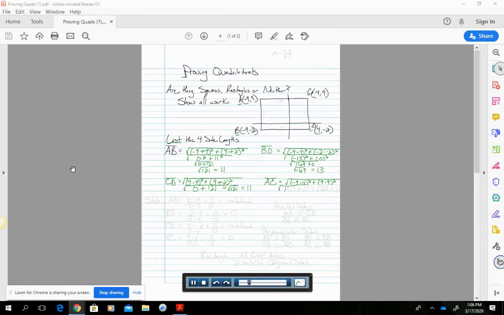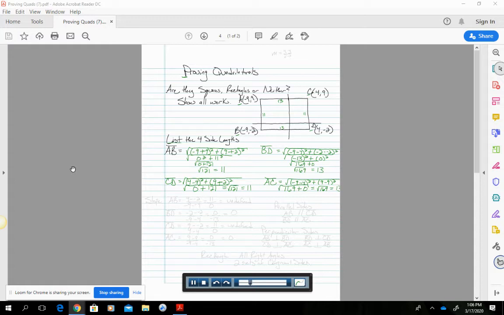Negative 13 squared is a positive 169. From there, 9 minus 9 is 0. 0 squared is 0. Then from there, you get the square root of 169, which is the same as 13. So far, my side lengths, these ones end up being 11, 11, 13, and 13.